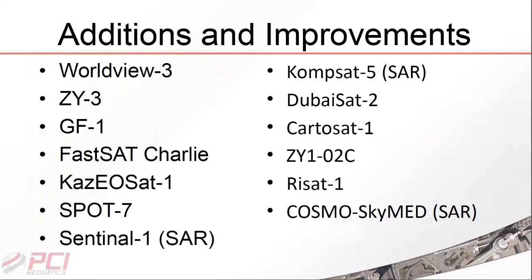And in addition to adding these new sensors or improving support for metadata of the existing sensors, we've also included atcor support for new sensors. So the first 4 on the list here, Worldview 3, ZY3, GF1, and FastSat Charlie, now have support for atcor as well.